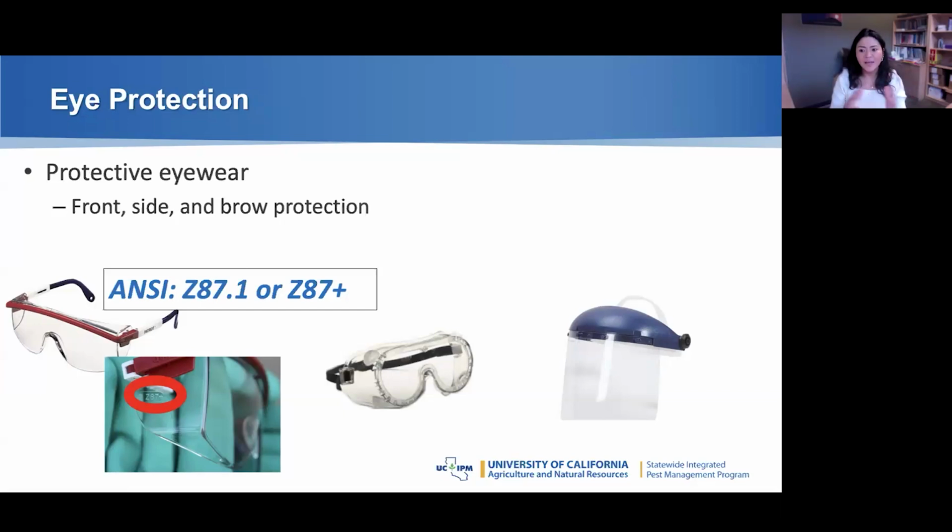ANSI is the American National Standards Institute, and it stipulates that these glasses have been tested and are approved for impact resistance, for splash, like it's really protective of the eyes. Whereas the goggles are going to be a little more protective because they create a seal around your face. And so it's going to be more difficult to get anything in there. And then the face shield typically is going to protect even the whole face.